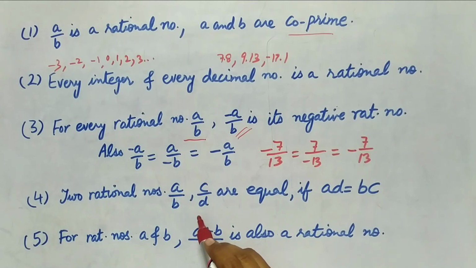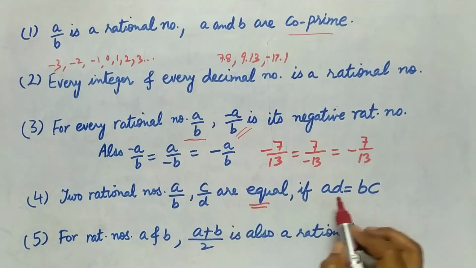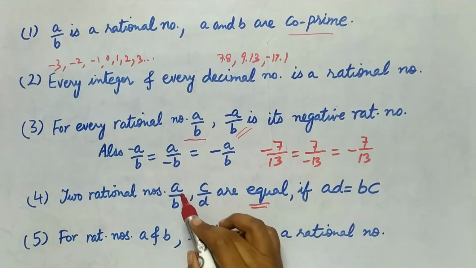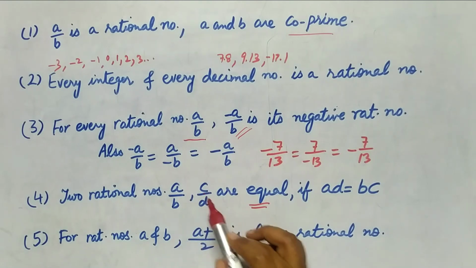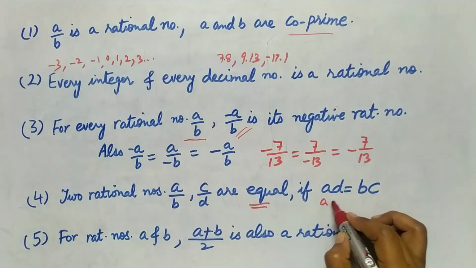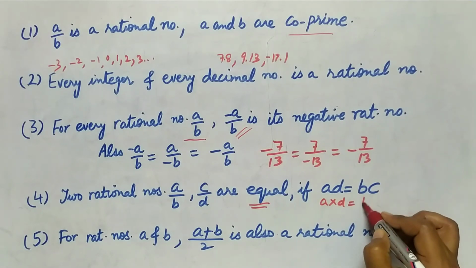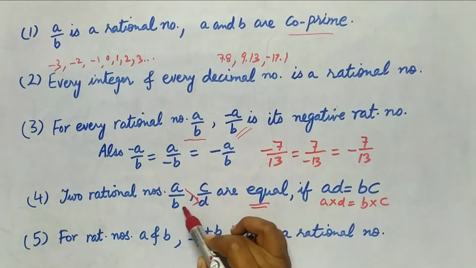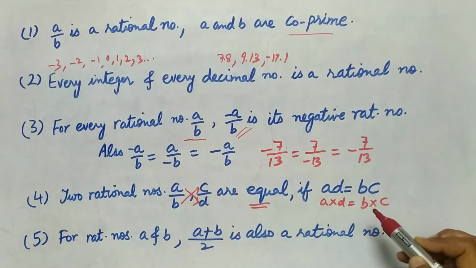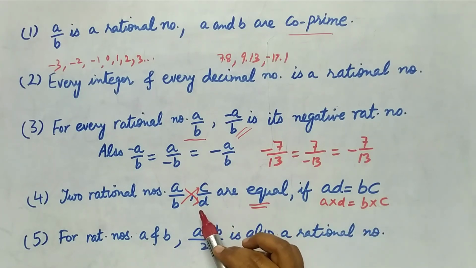Suppose these are two rational numbers. They are said to be equal if their cross product a multiply d is equal to b multiply c. When we multiply them in a cross product manner, a goes to d and b goes to c. If this product is equal on both sides, then we say that these rational numbers are equal.